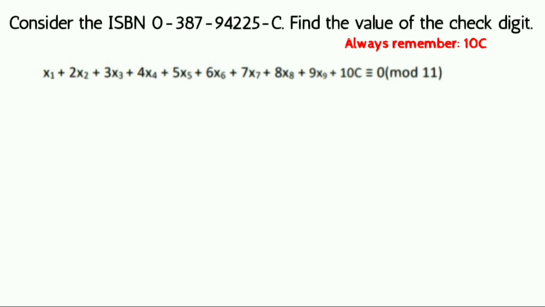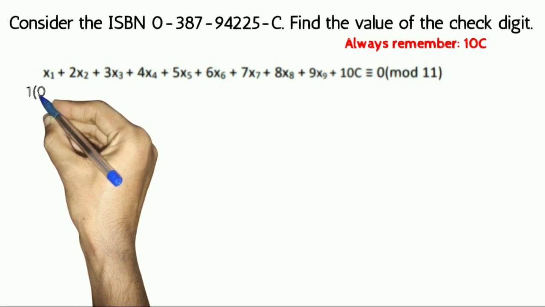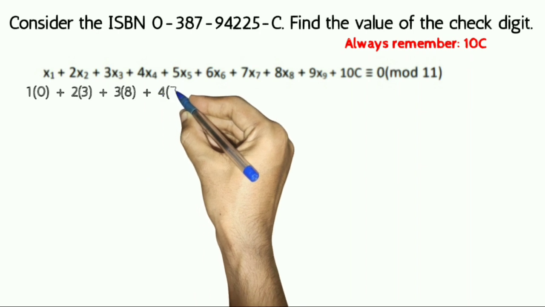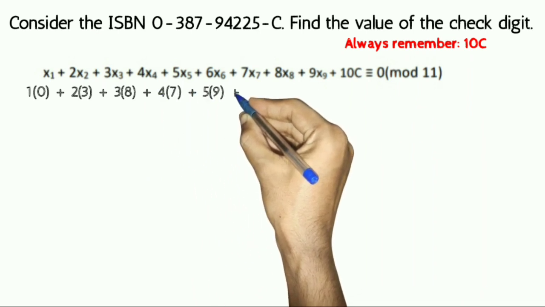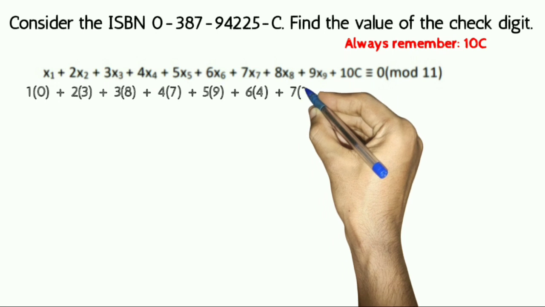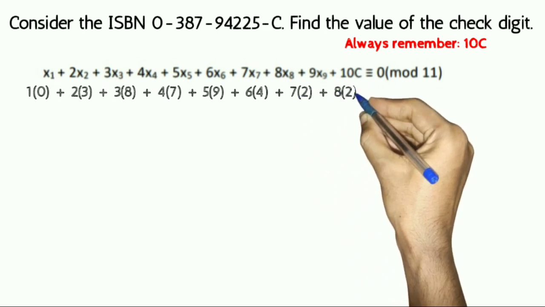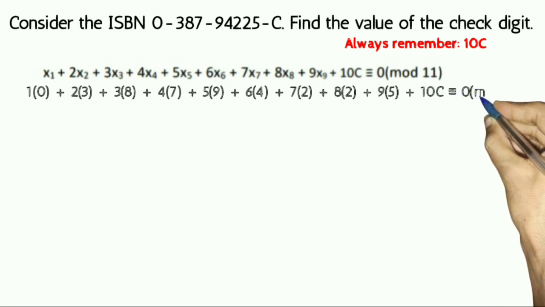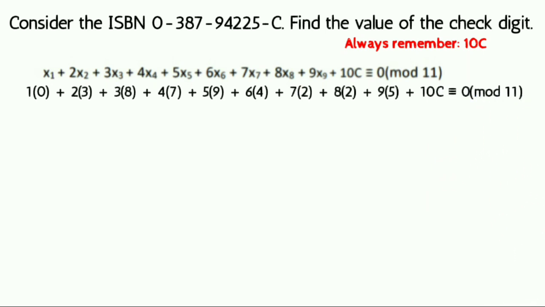By substitution, we will have 1 times 0 plus 2 times 3 plus 3 times 8 plus 4 times 7 plus 5 times 9 plus 6 times 4 plus 7 times 2 plus 8 times 2 plus 9 times 5 plus 10 times c is congruent to 0 mod 11.